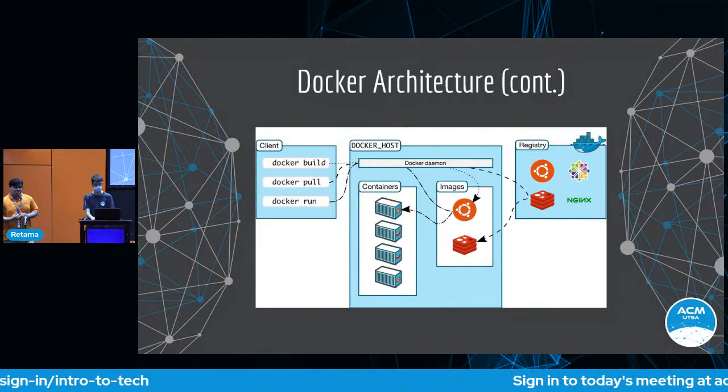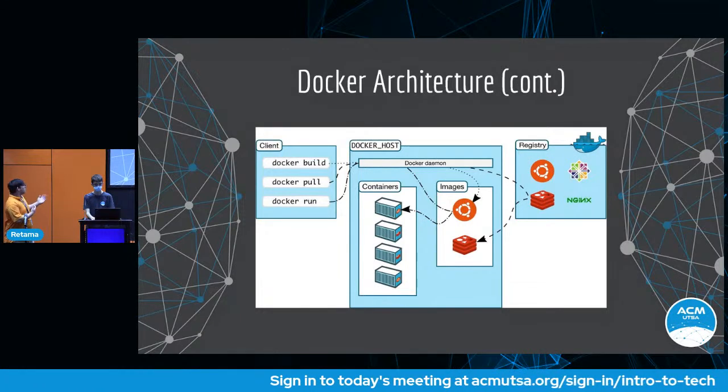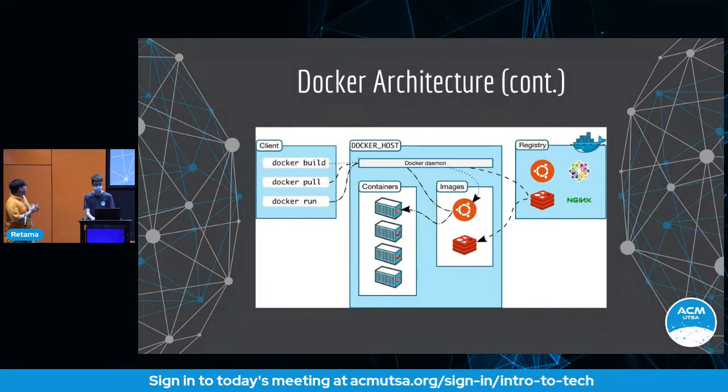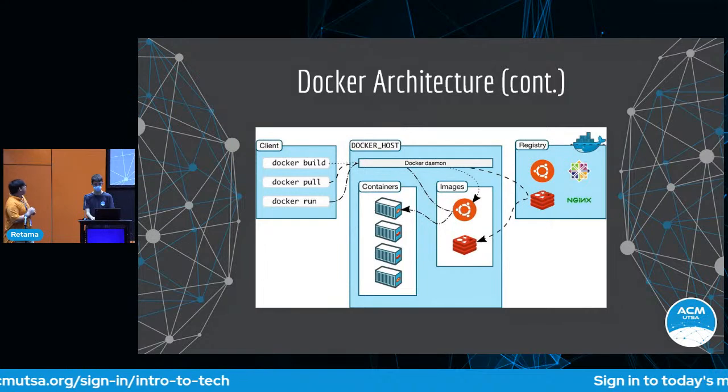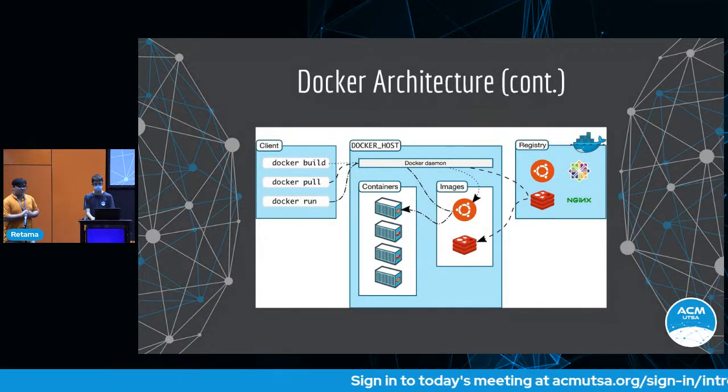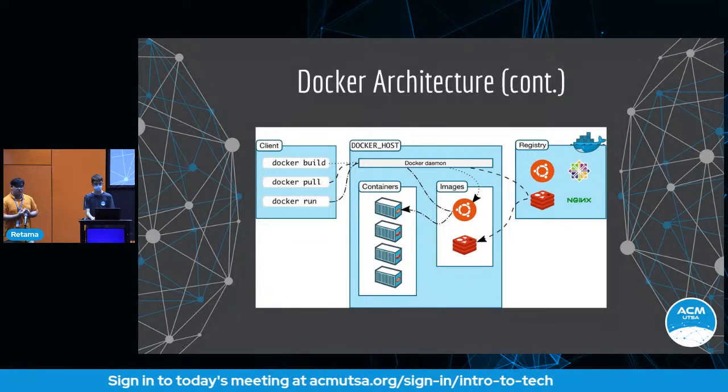The Docker daemon basically is under the hood, actually communicating with the architecture to tell Docker, hey, this person needs an image. Okay, they ran the Docker build command. Now please do it. They ran a Docker pull command. If you've been to Alex's very cool intro to Git and GitHub intro to tech workshop, you probably heard of push and pull.